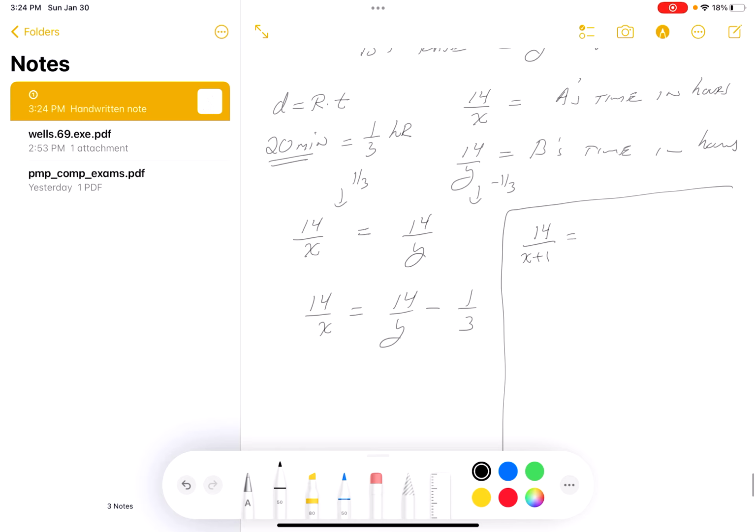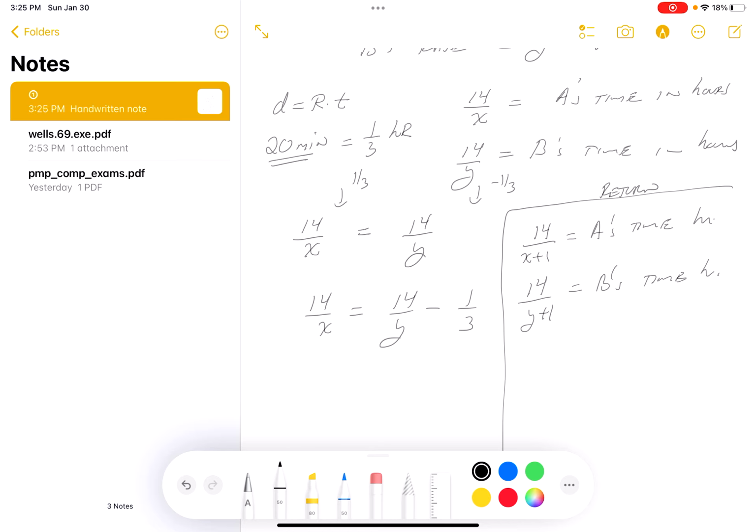This is going to be the time on the return trip for A, still in hours. And what's B's time going to be? 14 over Y plus 1. This is B's time in hours. And yep, it's not easy.